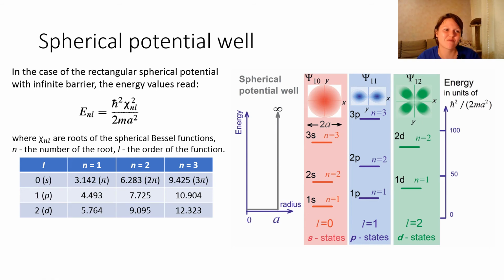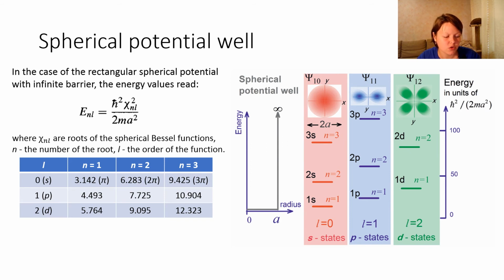I really don't remember how this letter is called. I think it is something like chi, and these are the roots of the spherical Bessel functions. N is the number of the roots, and L is the order of the function. In this case, the principal quantum number n determines the number of the nodes of the wave function inside of the well.